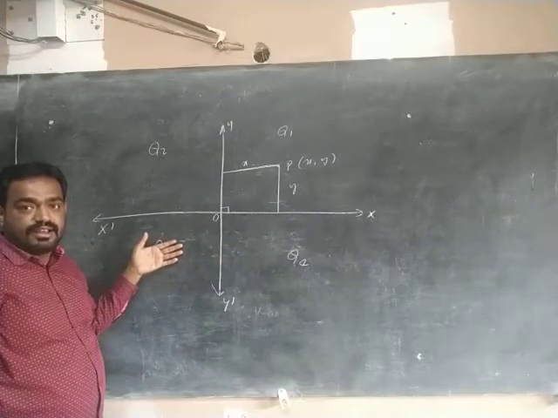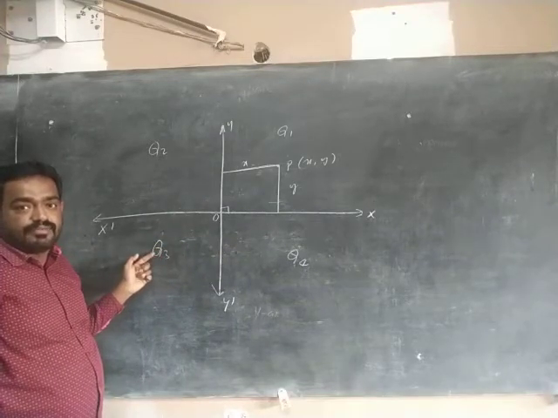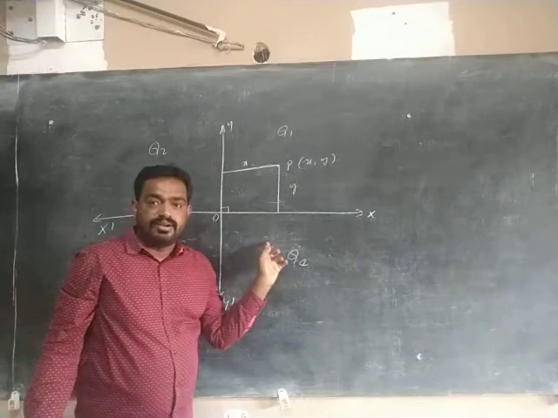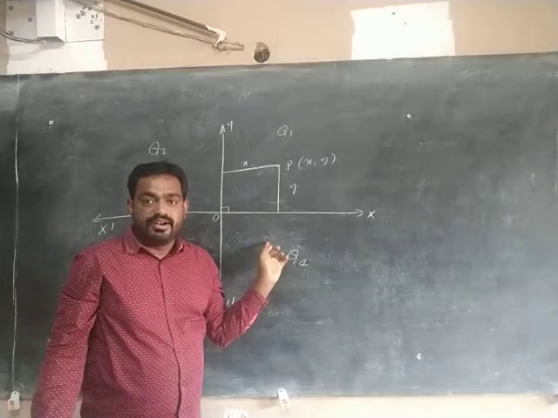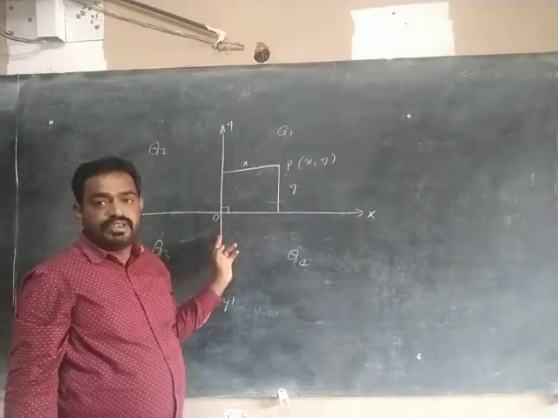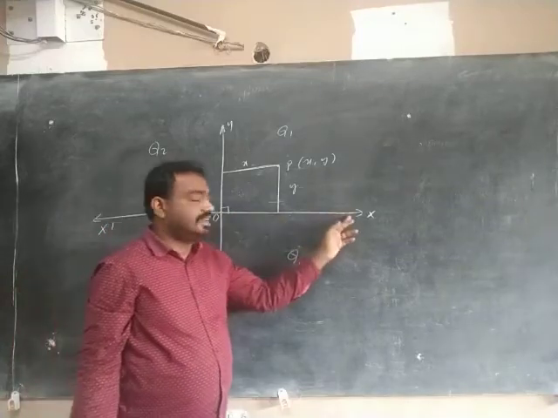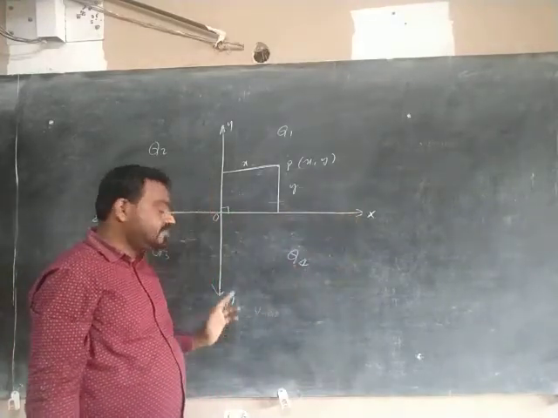The fourth quadrant is the region between the positive x-axis and negative y-axis.